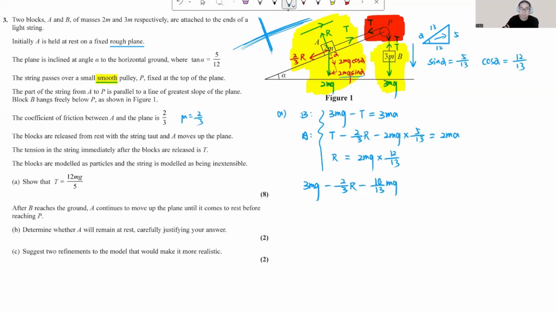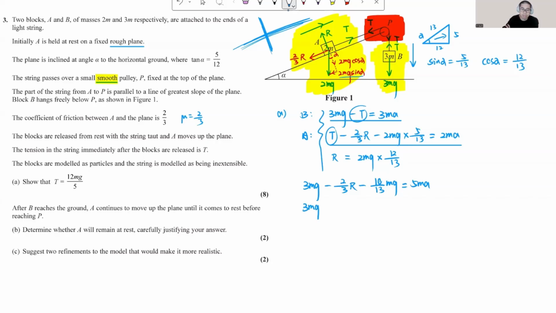And that's equal to 3ma plus 2ma, which is 5ma. All we did was add those two equations. Negative T plus positive T cancel out, and the rest stay the same. Now we have a, which we don't know, and R, which we don't know. So we have to change R into 2mg times 12/13 to simplify.